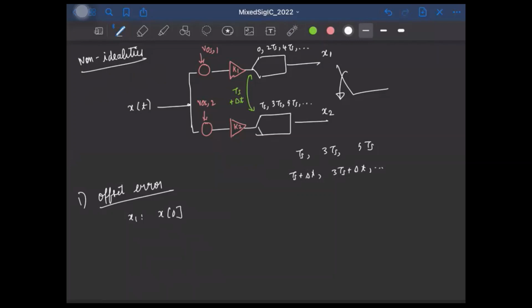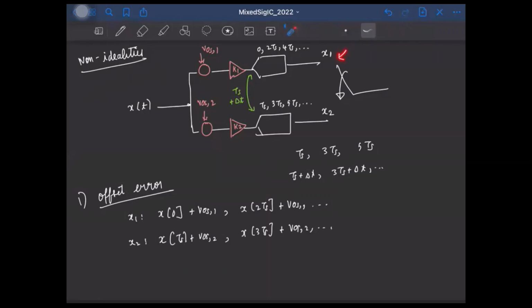So x of 0 plus VOS1, x of 2TS plus VOS1, and so on. The second ADC will give x of TS plus VOS2, x of 3TS plus VOS2, and so on.